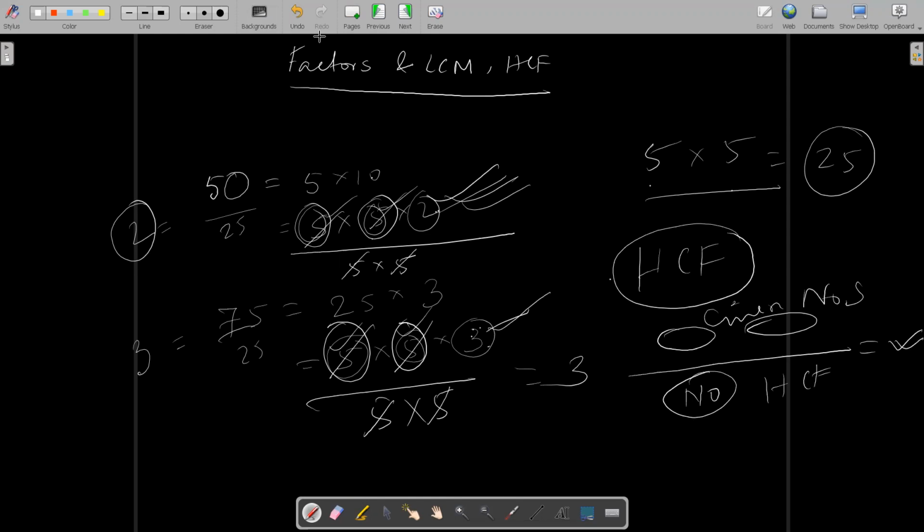That means the numbers are bigger than the HCF. Got it? See, 25 is less than 75 or 50, right? So 50 or 75 is greater than 25, so that we can divide it. 50 by 25 is 2. 75 by 25 is 3. Got it?